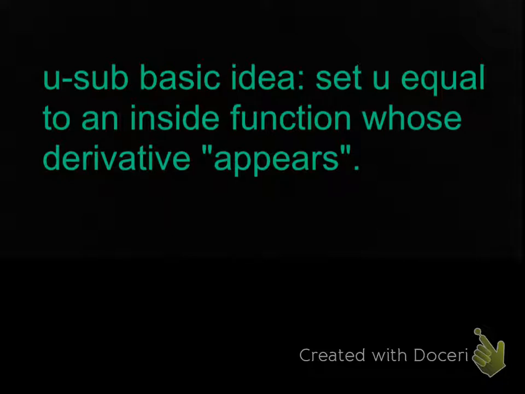So again, step 1, whenever you're doing a U-sub problem, is to set U equal to an inside function whose derivative appears. That means once you set U, you have to contemplate its derivative. And as you look at the rest of the problem, when that derivative appears, you can piece this problem together.